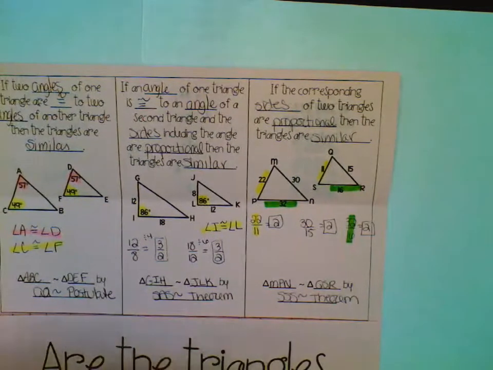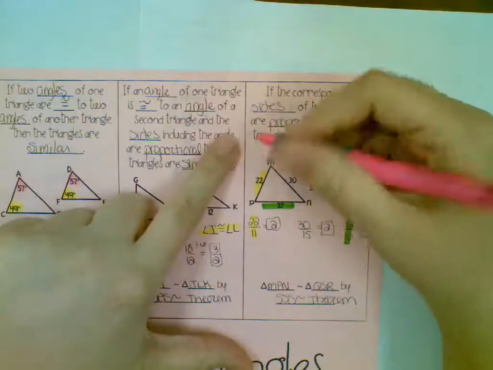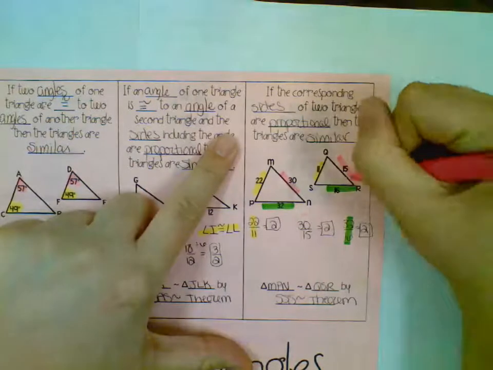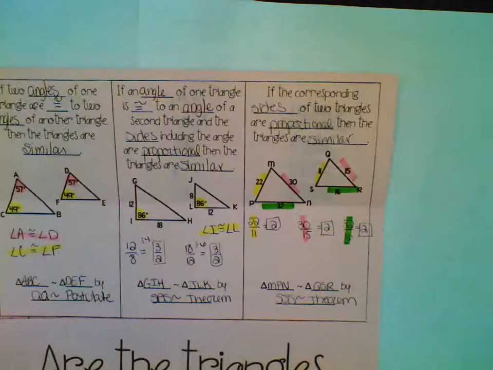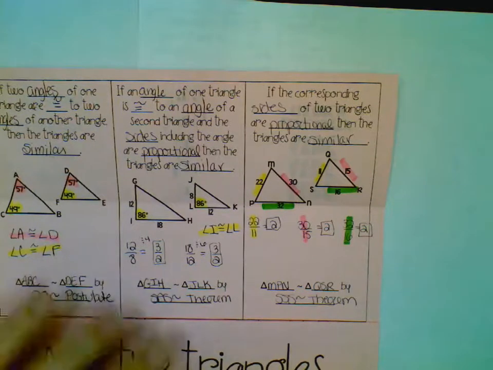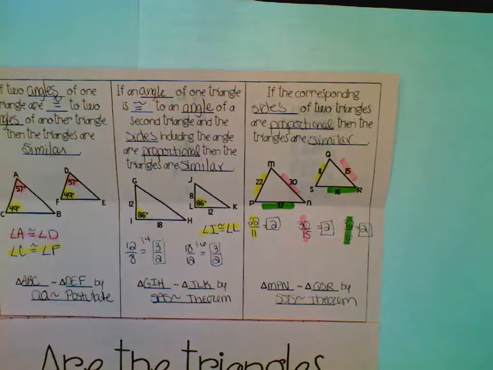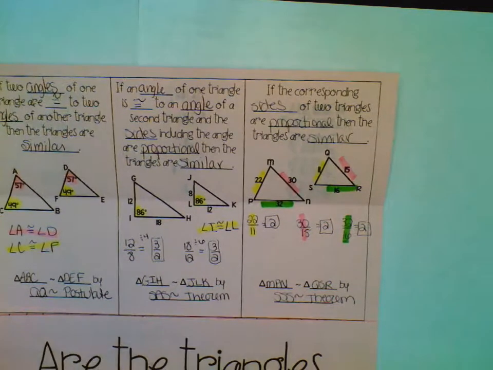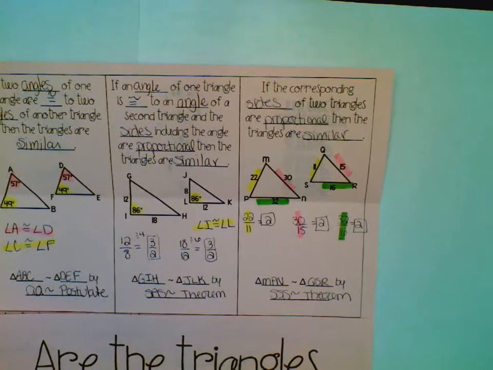And then if we look for our leftovers, that would be 30 over 15, and I reduce. So since I got 2 for all of them, we know that the triangles are similar. So triangle MPN is similar to triangle QSR by the side-side-side similarity theorem.